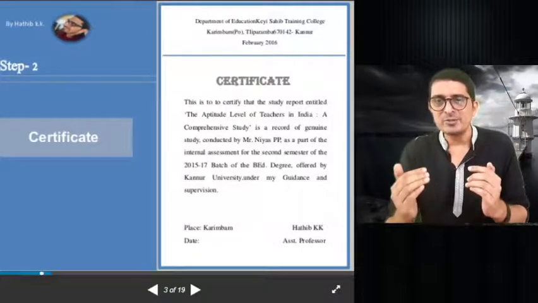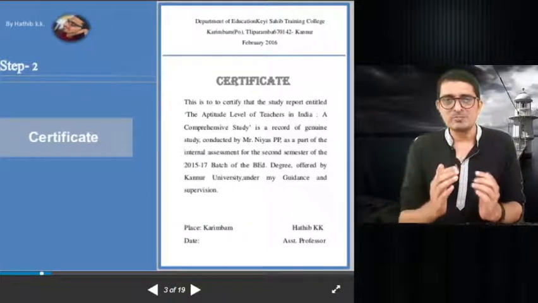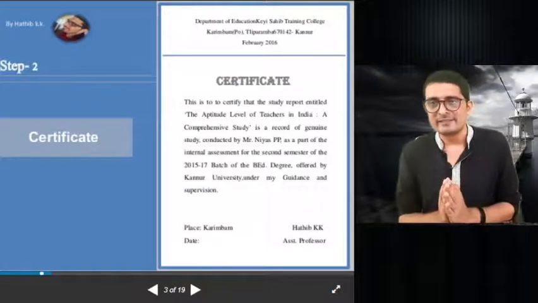The guide gives the certificate, and the guide should sign there, then place a date.